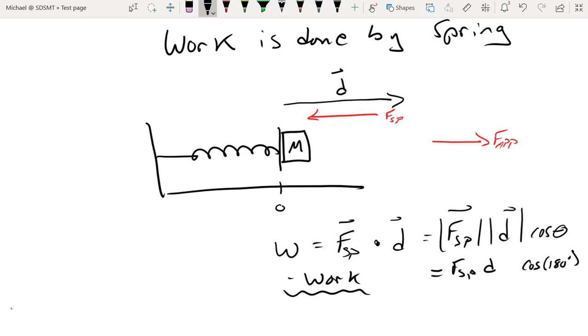But the problem that we're going to run into is this current method of evaluating work assumes that we know what the magnitude of the force is.